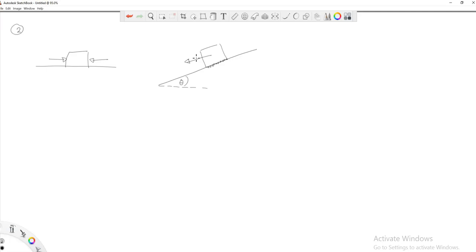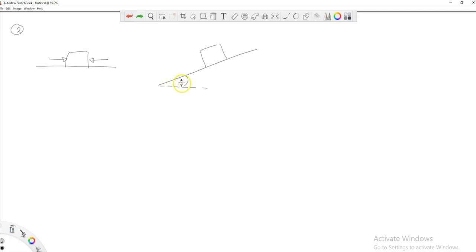Friction is always an opposing force to the movement. So in this case, if there is friction, it might not move. But let's assume that there is no friction. Again, the simplest case, no friction. Later we will put friction. I've been telling this for some time now, so definitely sometime later you will see how friction works.